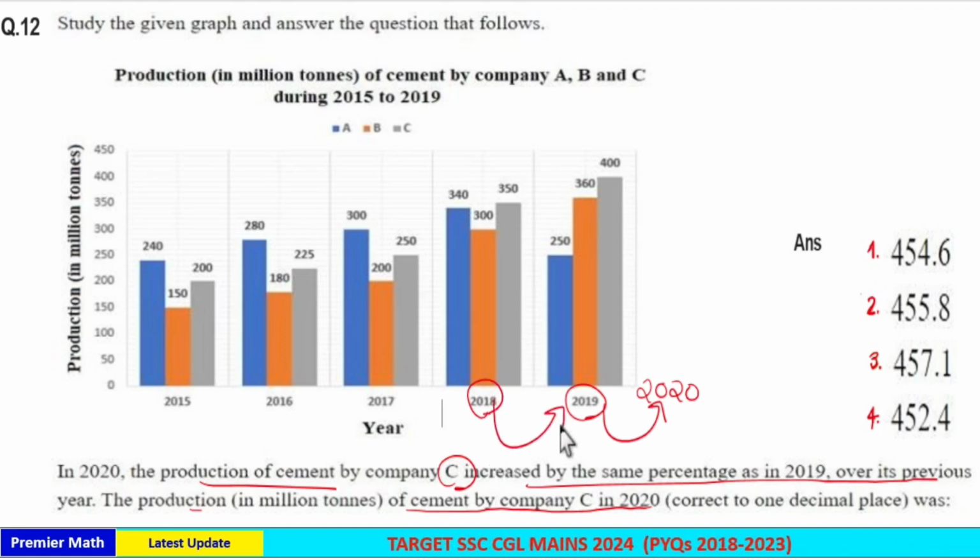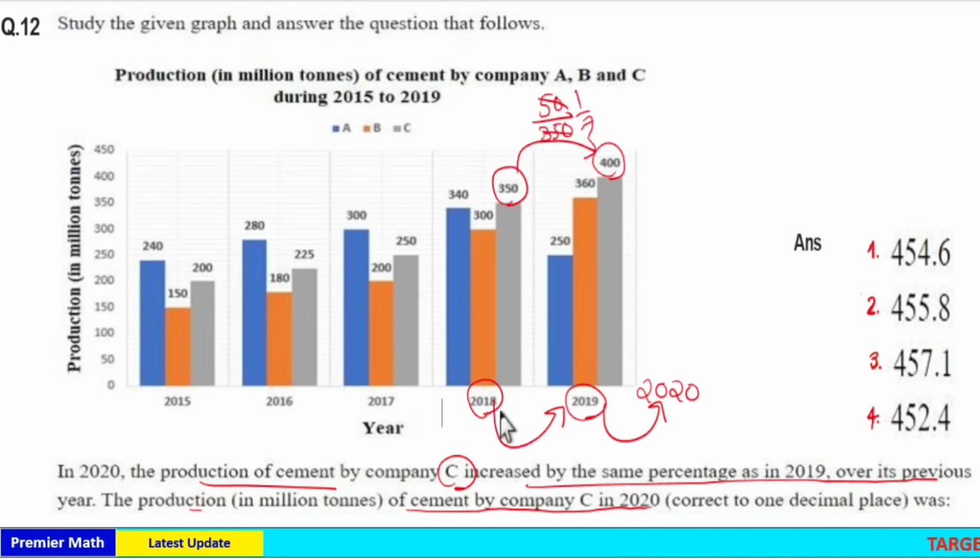Now find the production increment from 2018 to 19. In 2018, company C produced 350 unit, and in 2019, company C produced 400 unit. So increment here is 50 from this 350 unit. 50 upon 350 means 1 by 7 is the increment. So from 2018 to 19, 1 by 7 is the increment. Then 19 to 20, 1 by 7 is the increment.